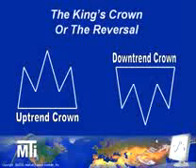And there are what are called uptrend crowns, A, B, C, D's, which reverse and make down A, B, C, D's. And then there's downtrend crowns, where the market's making down A, B, C, D's, and reverses and starts to make up A, B, C, D's.